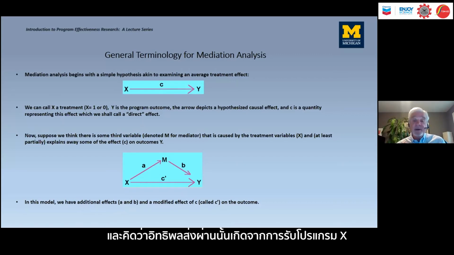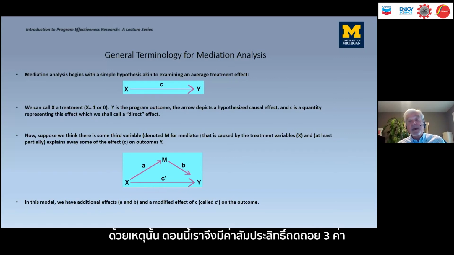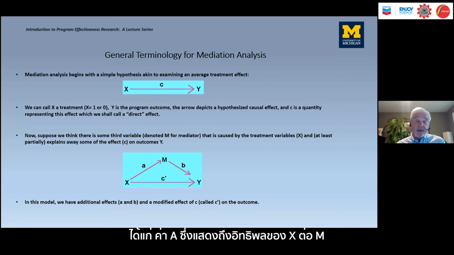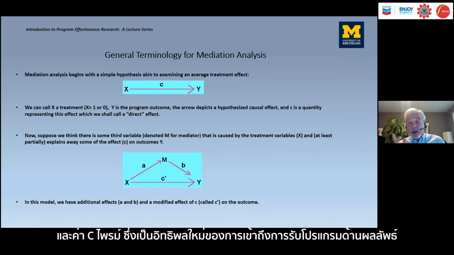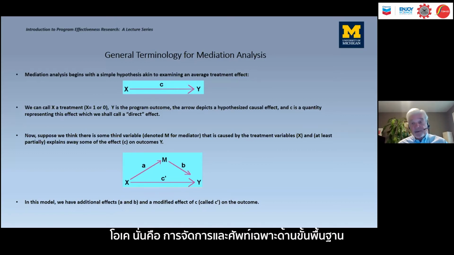That mediator is caused by the treatment X, and at least partially explains away the effect of the treatment on Y, such that we now have three regression coefficients: A expressing the effect of X on M, B expressing the effect of M on Y, and C prime, which is the new effect of exposure to treatment on the outcome given the mediator. So that's the basic setup and terminology.